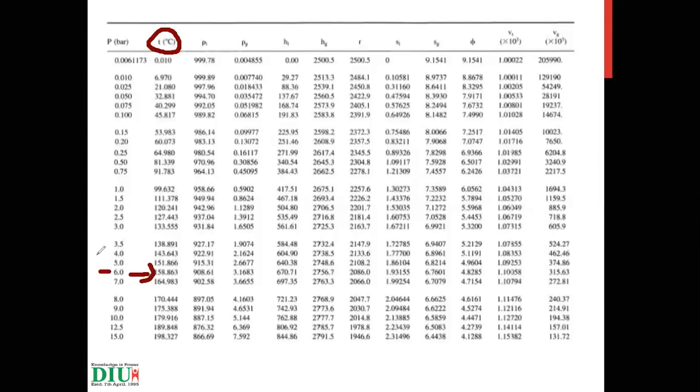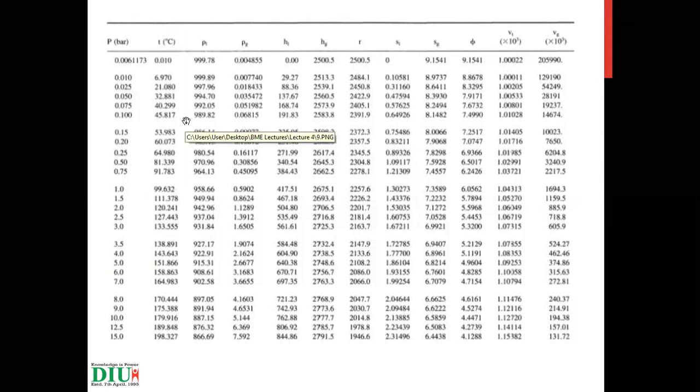At 6 bar, the water will not start to boil before 158. At 1 bar, the value is 99.60, which is close to 100, almost 100 degrees Celsius. So always remember that the boiling temperature of water is 100 degrees Celsius at 1 bar pressure, or 1 atm.